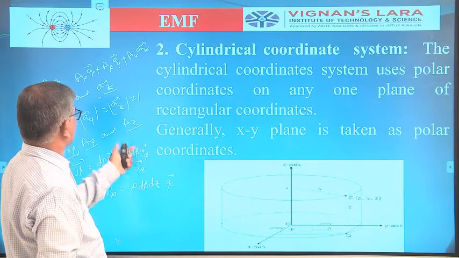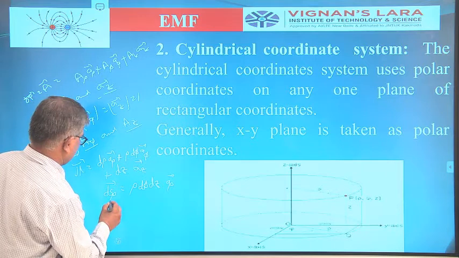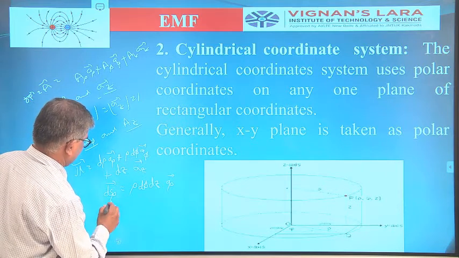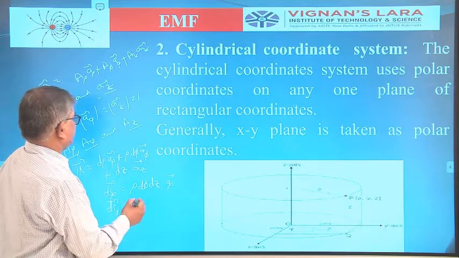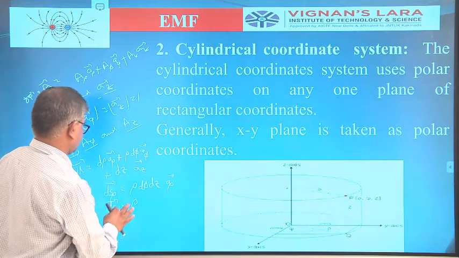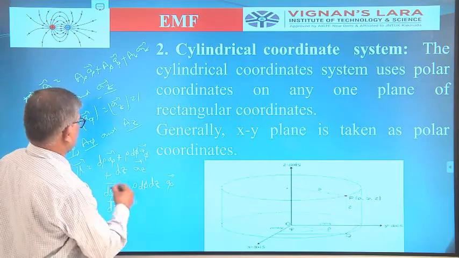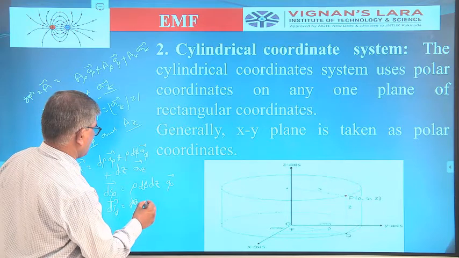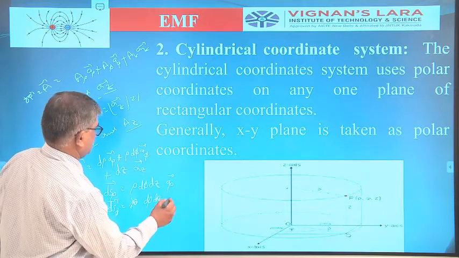And the surface area normal to the phi direction, that is ds phi bar equal to d rho dz a phi bar.